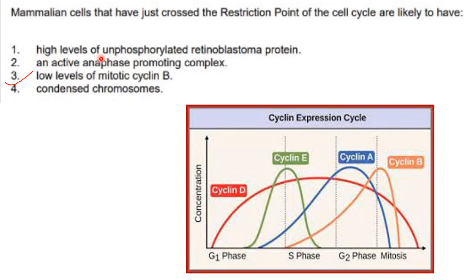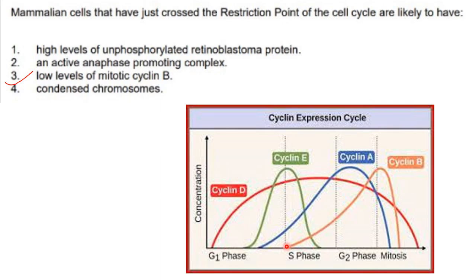So option 1, high levels of unphosphorylated retinoblastoma protein, is an incorrect statement. An active anaphase promoting complex is seen at anaphase, not at the S phase. Low level of mitotic cyclin B, that is correct. If you see the diagram here, you can see that at mitosis only cyclin B is increasing, and only in late S phase the production of cyclin B starts.